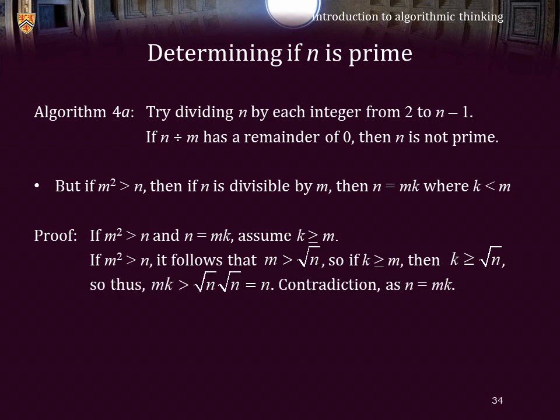I have 2 inequalities. I can multiply both sides. Therefore, m times k is greater than the square root of n squared, which is equal to n. But this is a contradiction, as we assumed n was equal to m times k. Thus, k must be less than m.